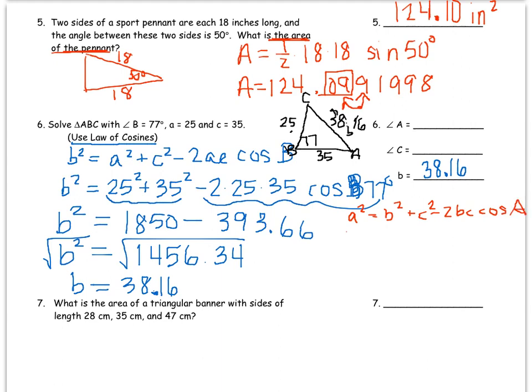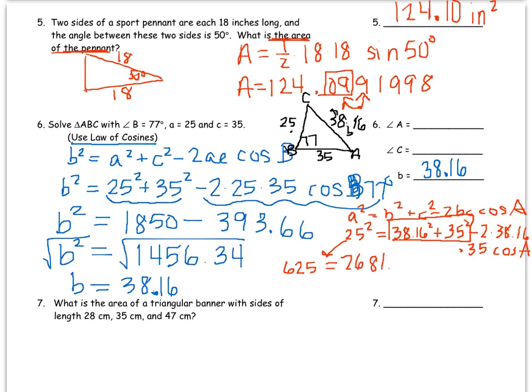So my side A is 25, that'd be 25 squared equals my side B is 38.16, so I've got 38.16 squared plus side C is 35 squared minus 2 times 38.16 times 35 times the cosine of A. So we need to break this down piece by piece. 25 squared is going to give me 625 equals, now I'm going to simplify this piece right here. 38.16 squared plus 35 squared gives me 2,681.19 minus, now let's simplify this piece.